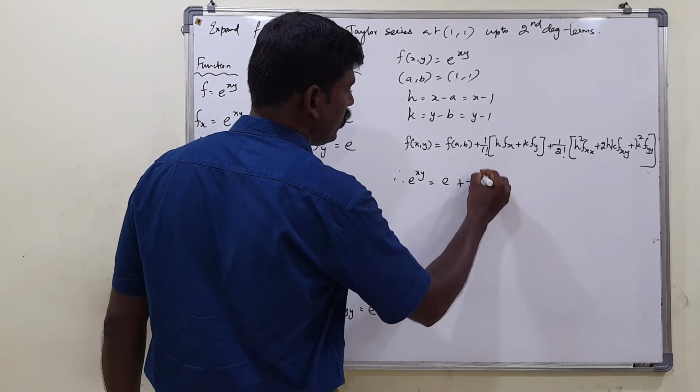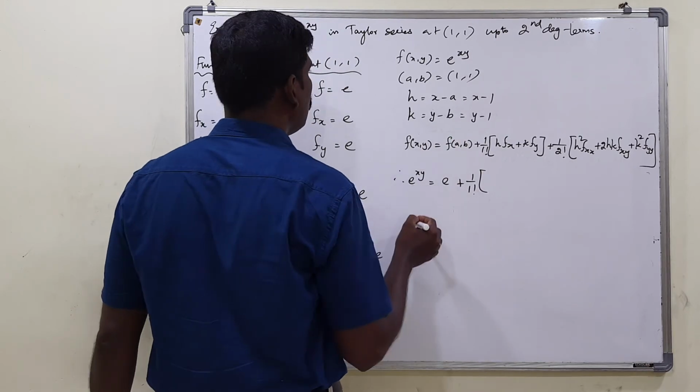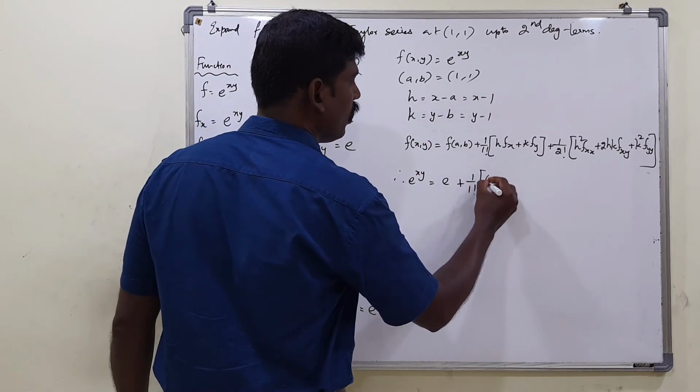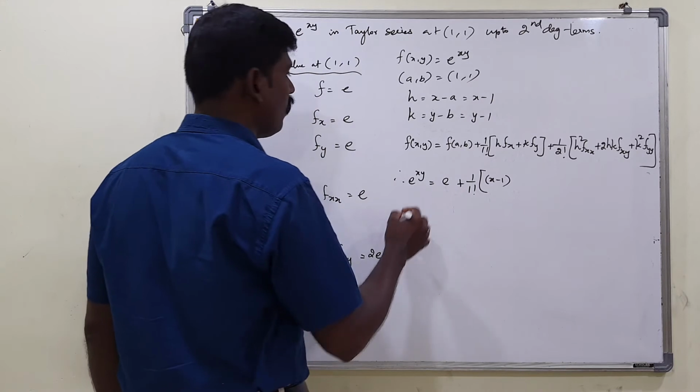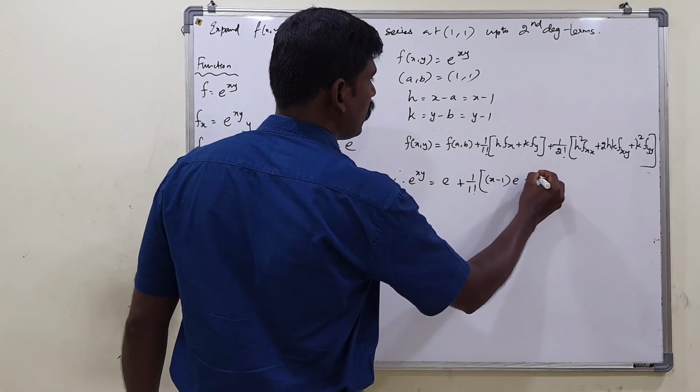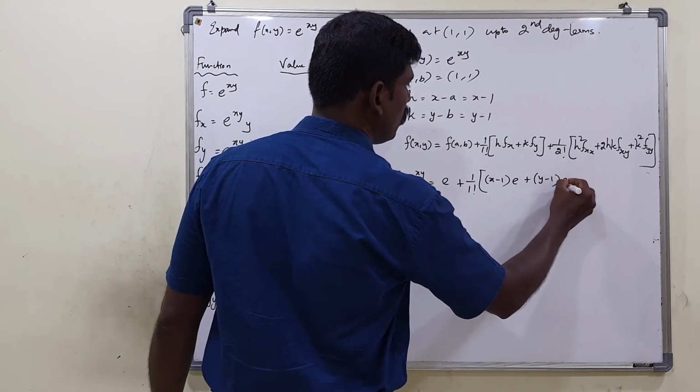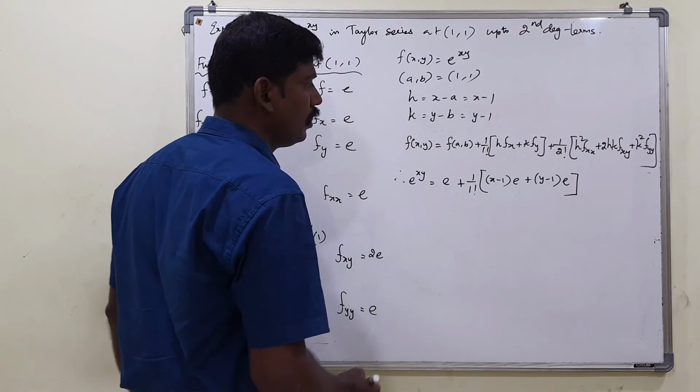So e plus 1 by 1 factorial, I write it here. What is h? h is x minus 1. What is fx? e. k is y minus 1, into fy is e.